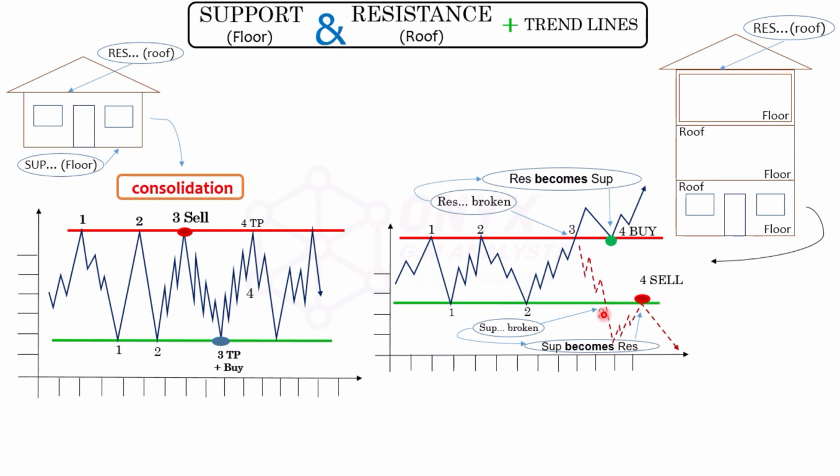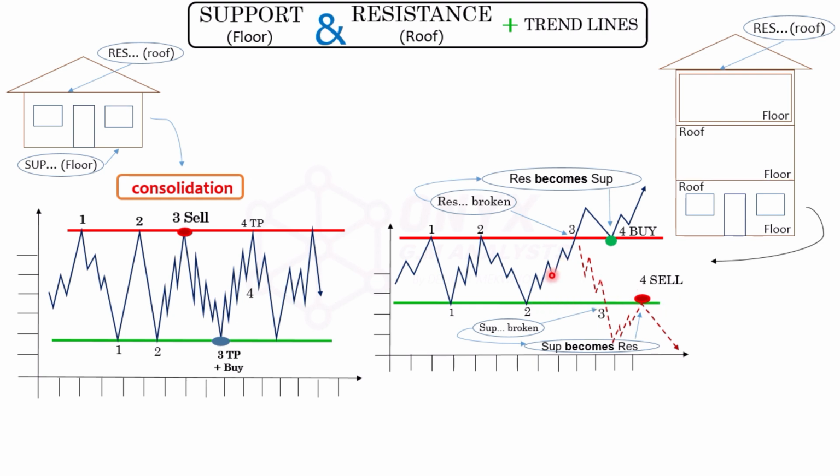Let me explain here right now for the sell side. We have here our first point, which is the low, our second point, which is also a low, then the market goes up. And as the market goes up, we draw our floor, our support, okay? We draw our support using our trend line. It passes and it goes into the future.